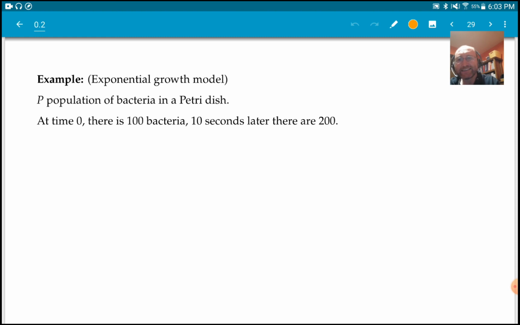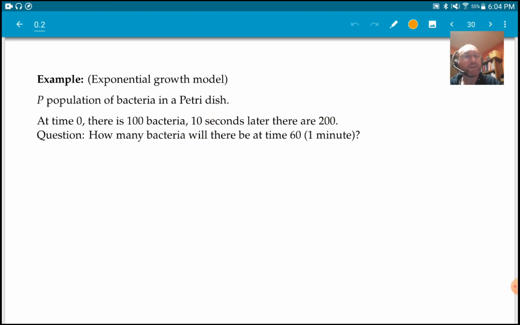So maybe at time 0, there's 100 bacteria, and 10 seconds later, there's 200. So how many bacteria will there be at time 60? So 60 seconds from the start, 1 minute from the start of the experiment, right?